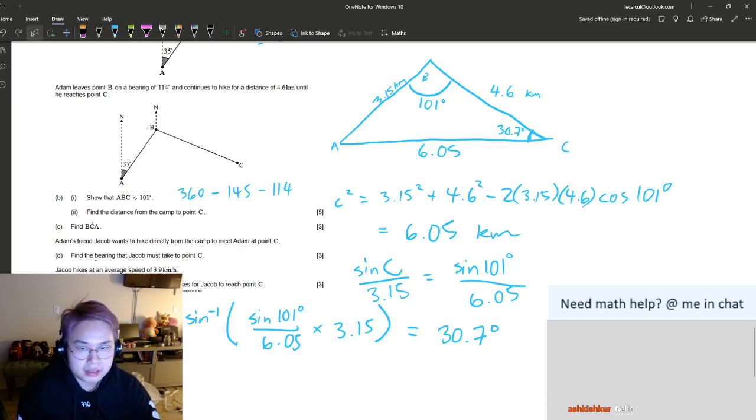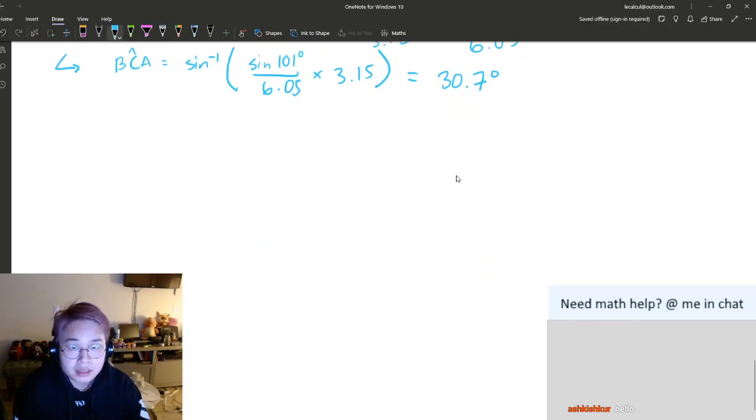Okay, so part D. Adam's friend wants to hike directly to the camp to meet Adam at point C. Find the bearing Jacob must take to get to point C. Okay, so let me just draw this picture down here so that I don't mess up that other one.